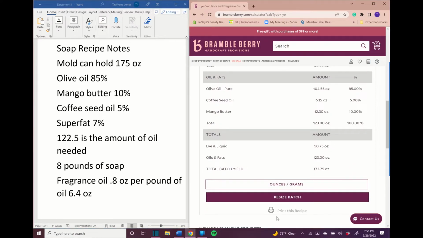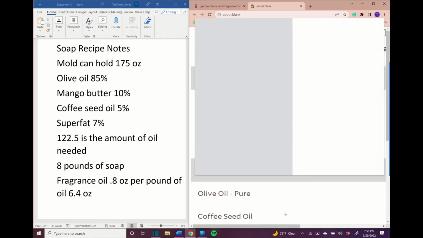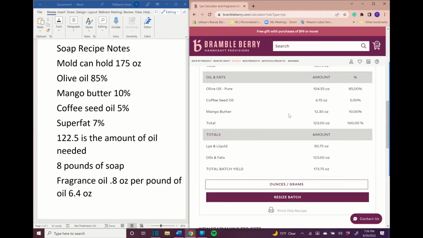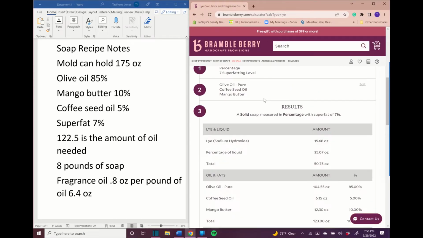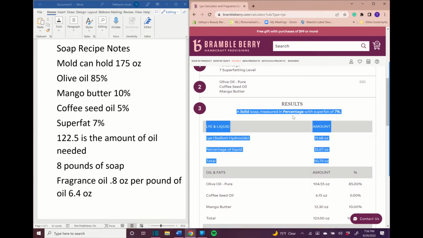What you can do is print it off. If you hit print, it'll take you to the screen where you can have it printed off. But what I personally like to do is go all the way up to here where it tells me what type of soap I put in. It's a solid soap measured in percentage with a superfat of 7%.